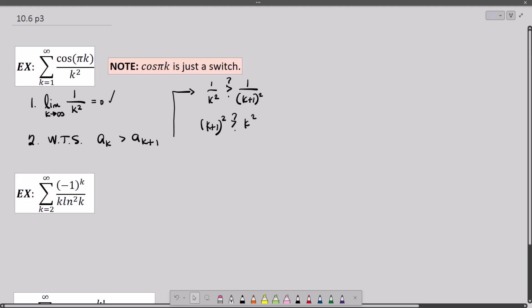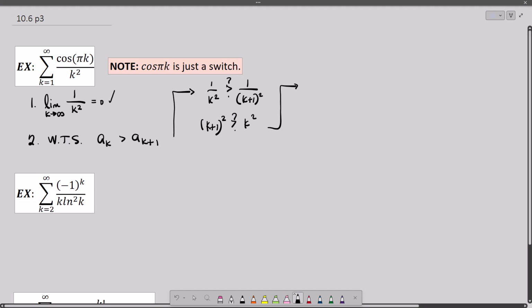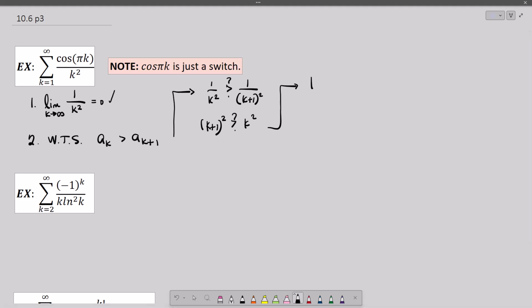We can take the square root of both sides. With an inequality, if everything's positive, you can take the square root of both sides and you don't upset the apple cart. So k plus 1, k, subtract the k. That's true.